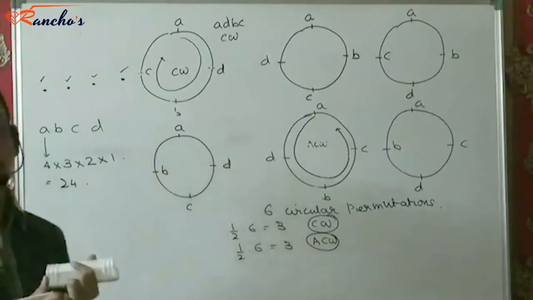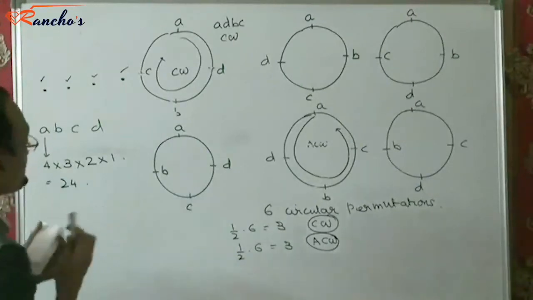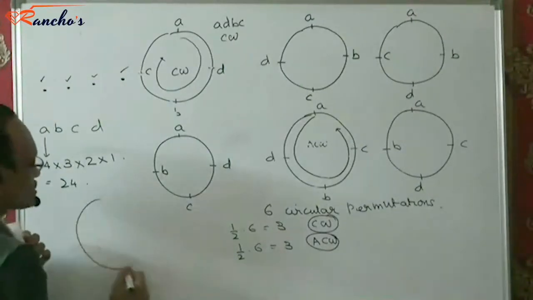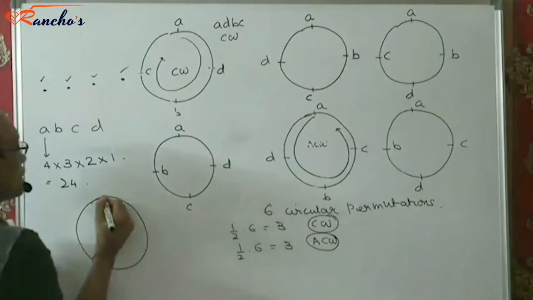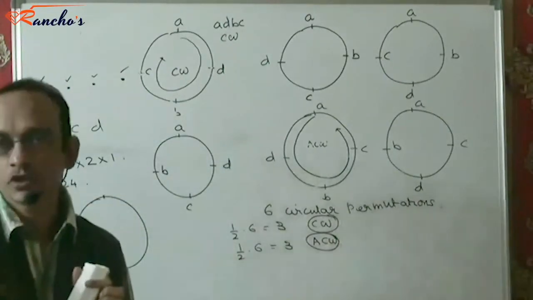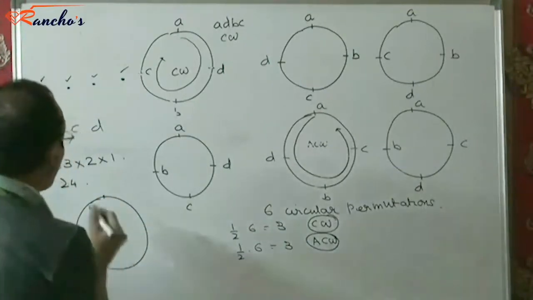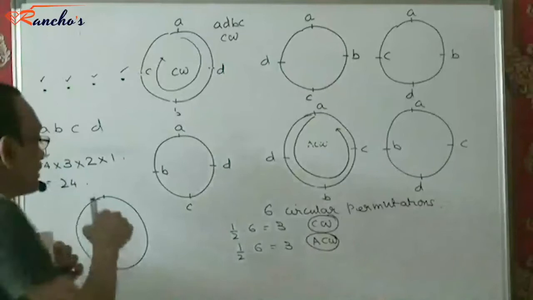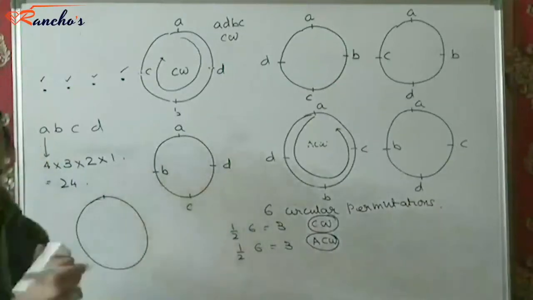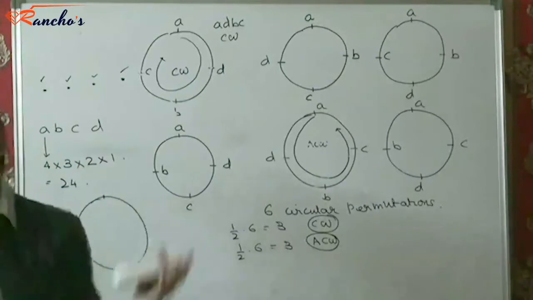But in a circular arrangement, when I had nothing on the circle, and I had to fix, let's say, A somewhere on the circle. It's a circular arrangement around a table, say. Then fixing A anywhere is the same.